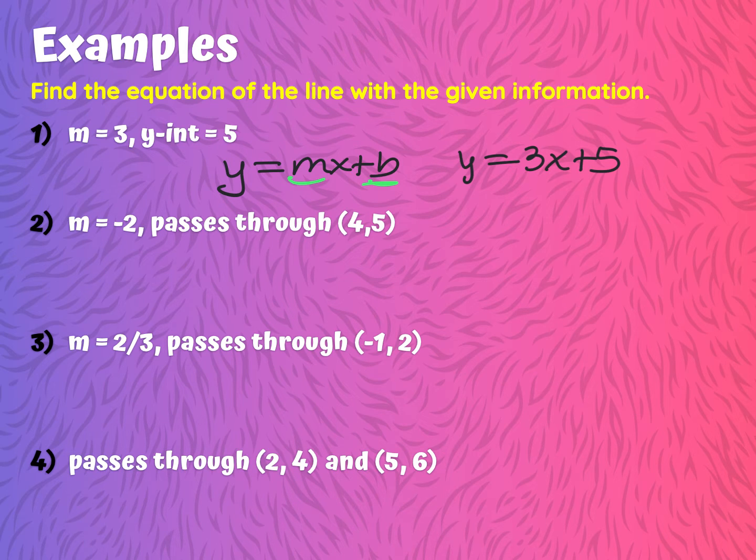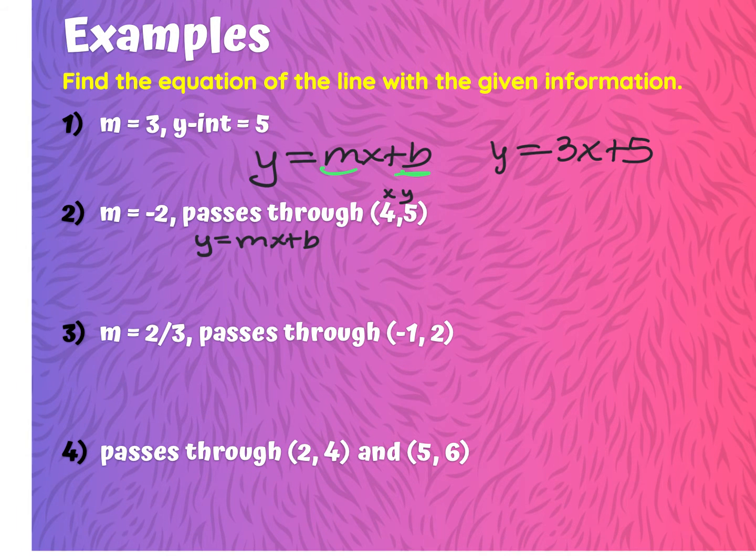So for example, if I want to just use the y equals mx plus b form, I'm going to replace the ordered pair as my x and my y. And remember, the slope is your m. So I'm going to replace y with 5, the m with -2, the x with 4, and then I'm solving for the b. So I'm going to multiply -2 times 4.